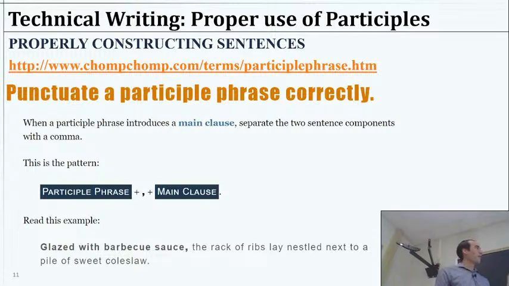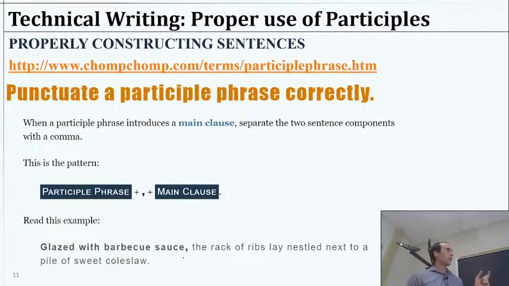So, when you have a phrase that doesn't really matter a lot to a sentence, we would typically call that, I believe, a subordinate clause. So if we take a look at the sentence down here, glazed with barbecue sauce, the rack of ribs lay nestled next to a pile of sweet coleslaw. Now I'm a little hungry.